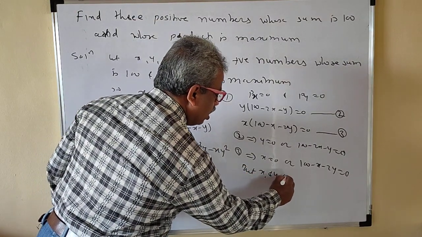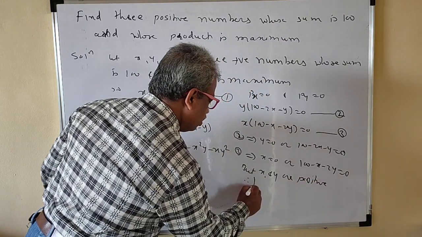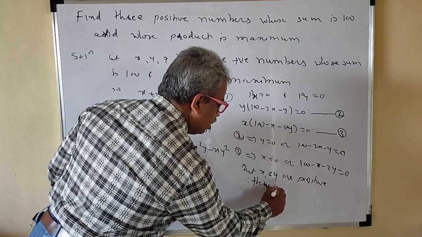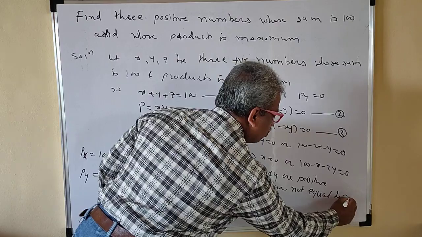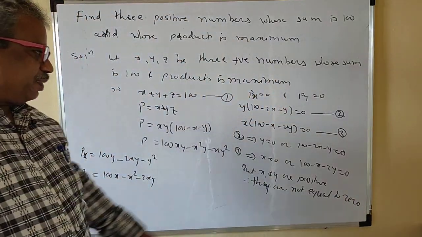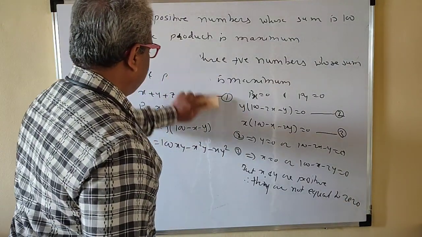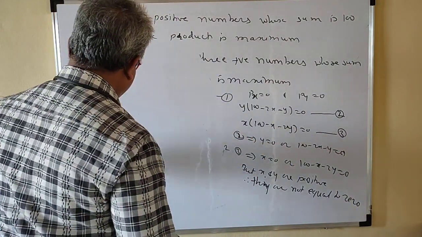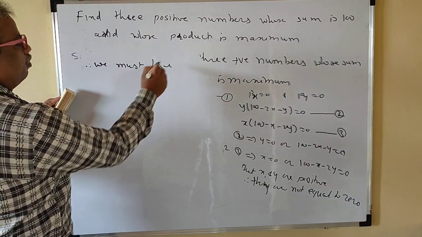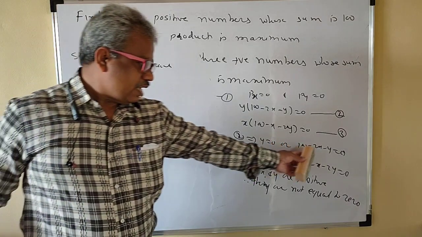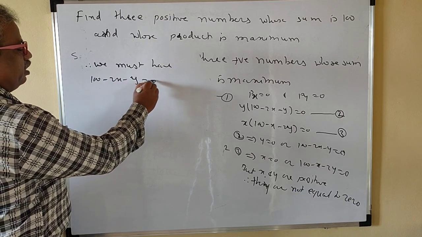Therefore, we must have 100 minus twice x minus y is equal to 0.